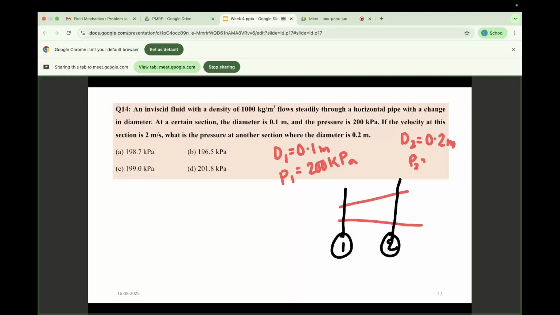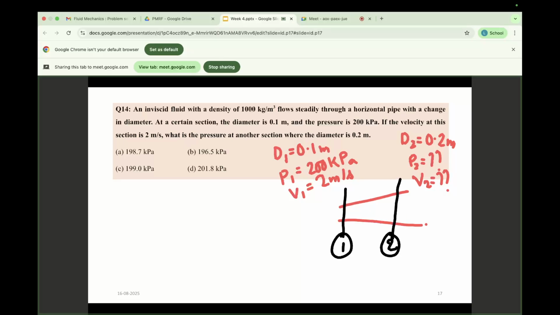P2 is not given. Also velocity V1 is given as 2 meter per second, but V2 is not given, right? I need to calculate the pressure at section 2. See, P2 is not given, but V2 is also not given. So first I need to find out this V2.